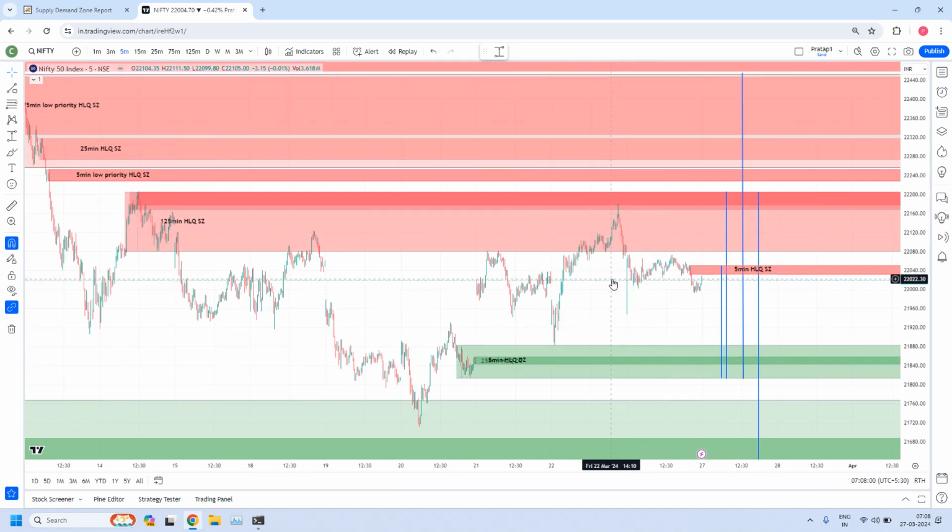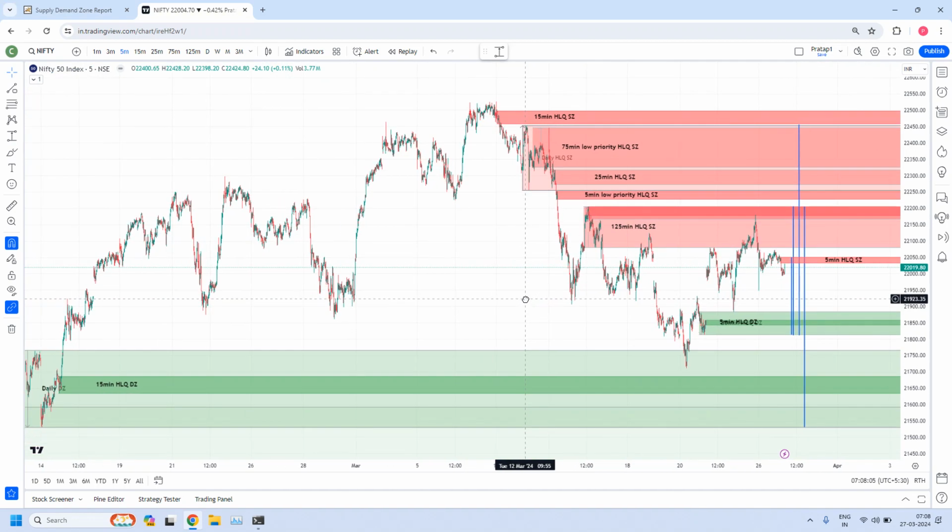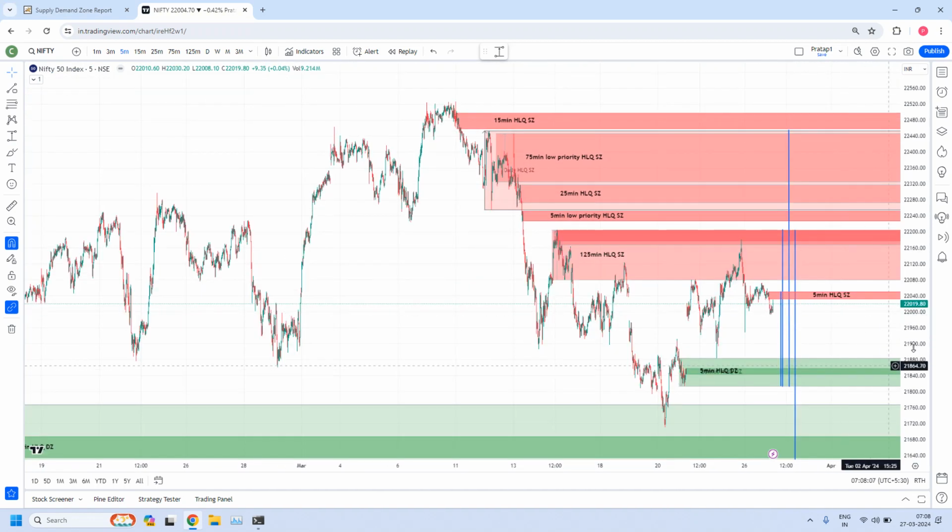Now one more range we have to draw. If this zone is violated and becomes very strong, then probably we need to draw a zone like this, from here to here.